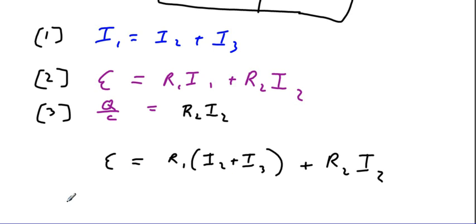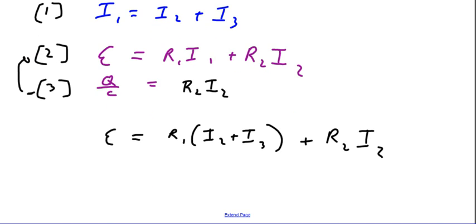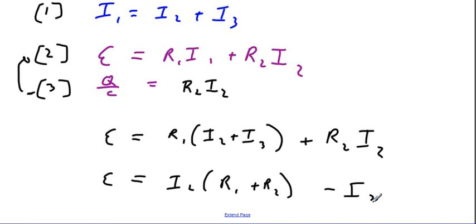And then we're going to use 3 to eliminate I2 from the equation up above. Okay, and I'm going to get that epsilon E is equal to I2 times (R1 plus R2) minus I3R1.